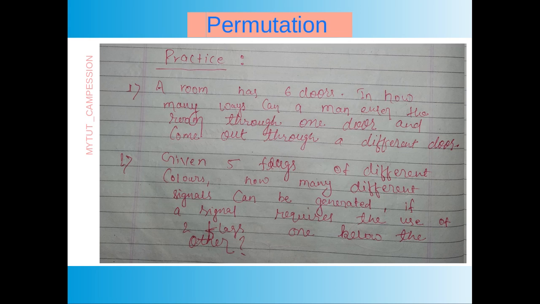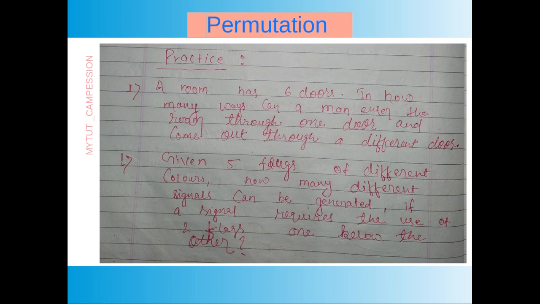to perform the job of entering the room, I have 6 ways, and to perform the job of coming out of the room from a different door, I have 5 ways.